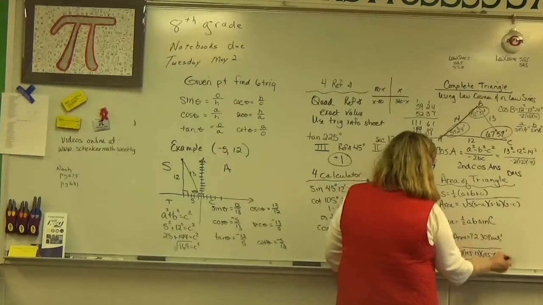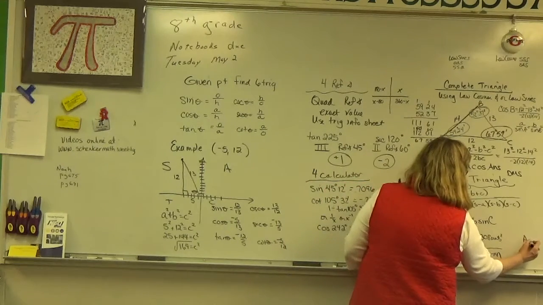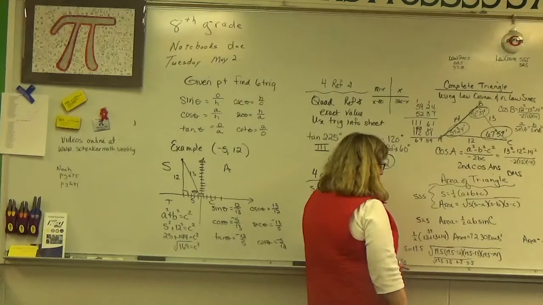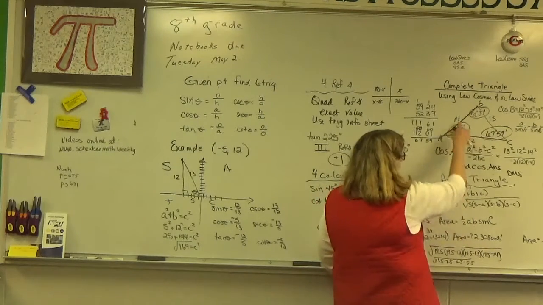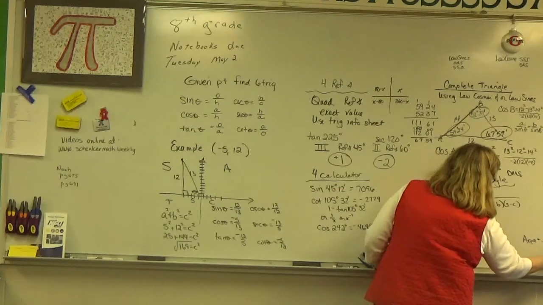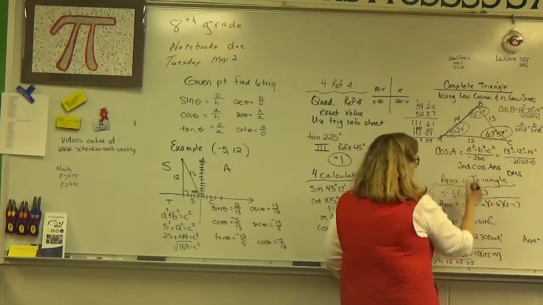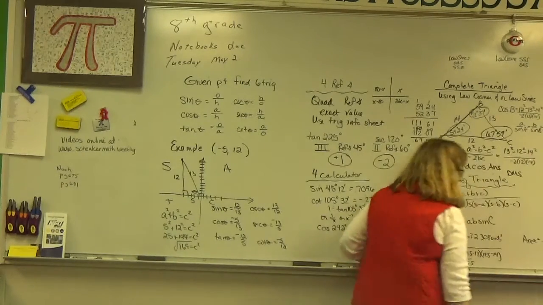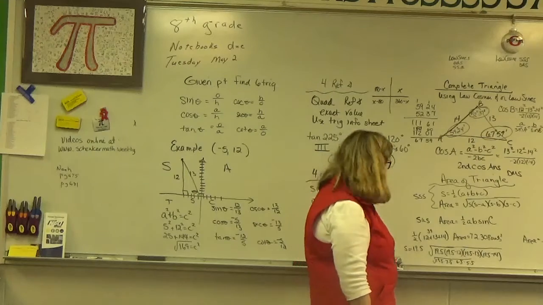Okay, now, you could have also found it using the other formula. So we have that formula here. It's where you go 1/2, and I'd use 0.5 since you're using your calculator, times two sides that the angle's between. So I'd use 14 and 12. And then times the sine of the angle that's between the two, 59 degrees 24 minutes. Okay, so somebody want to put that in your calculator and find out what it is.